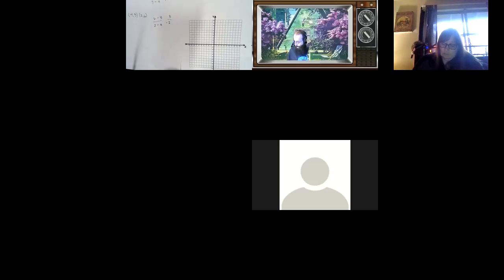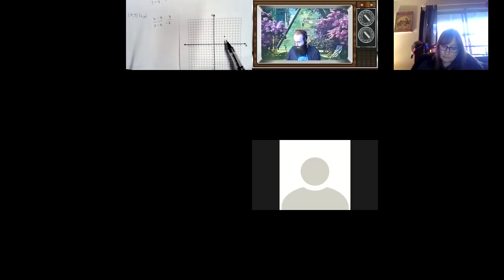So when we're looking at a graph, we're just going to punch in the coordinates they gave us. So 4 and 3. And you can do this with 1. You only need 1 coordinate to find all the other coordinates.